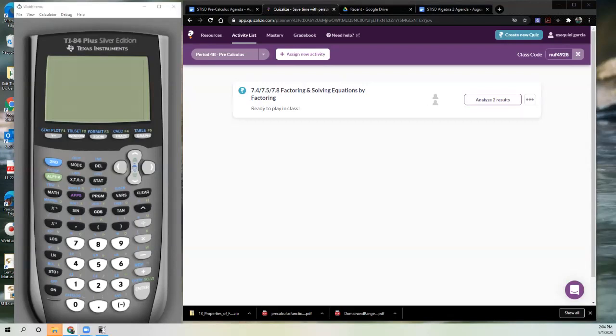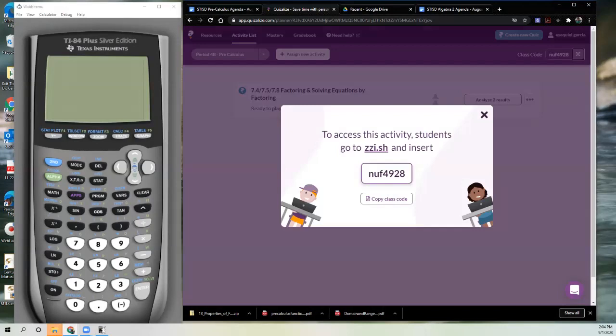For those that just came in, we are playing Quizalize. Here is the site. Here is the class code.